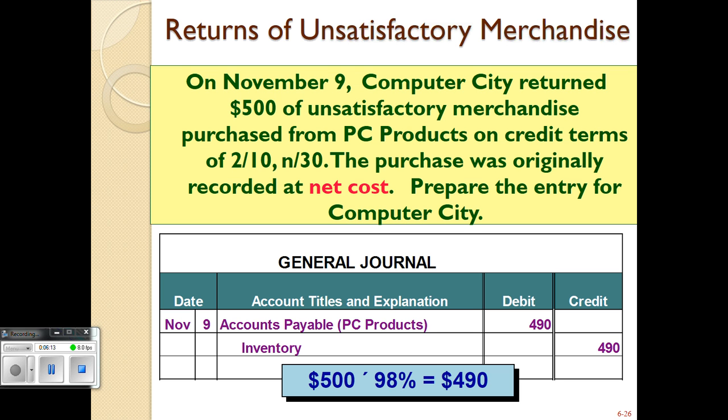So what I have to do is take that $500, multiply it times 0.98, okay, and my credit to them is only going to be $490, and the amount coming out of inventory is going to be $490. Why? Because I recorded it at 0.98. Okay, I recorded the 2% discount. When I return those goods, I have to make sure that I've taken into account that 2% discount.